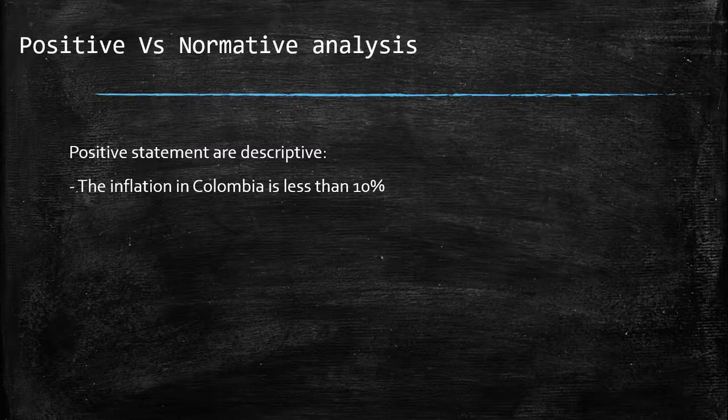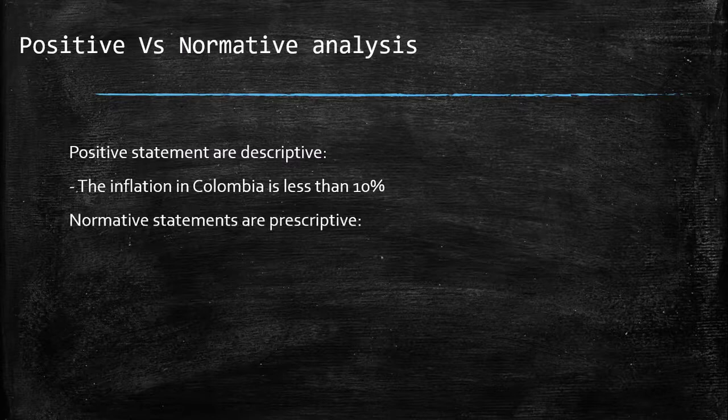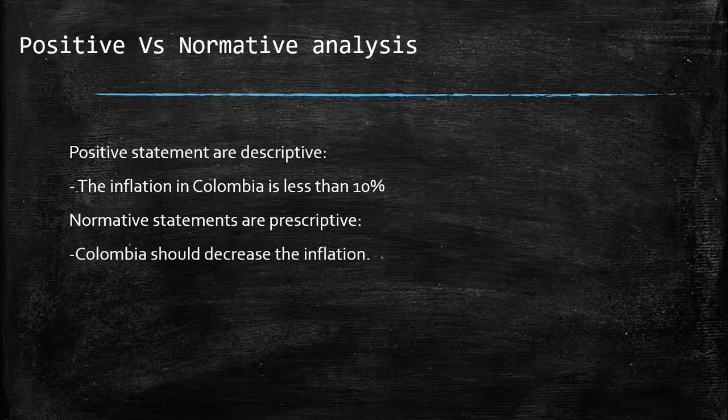It is a fact, so it is descriptive. But there is another kind, a normative statement, which is prescriptive. What does it mean? It means that Colombia should decrease inflation. That is subjective; it is just a position.